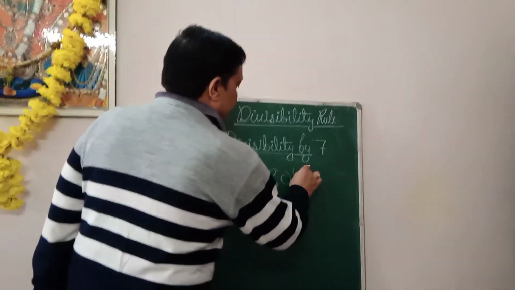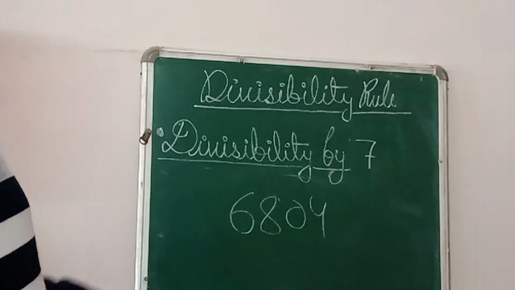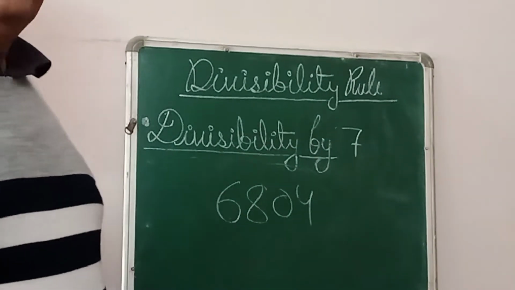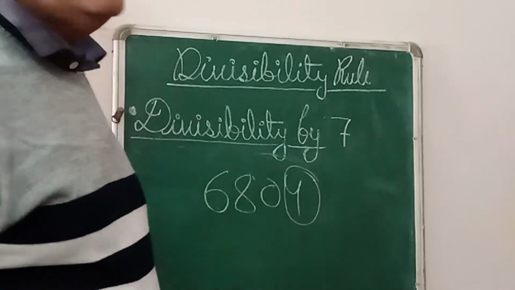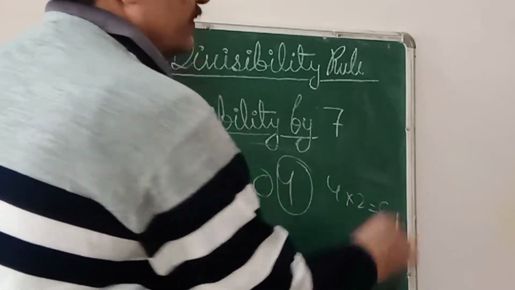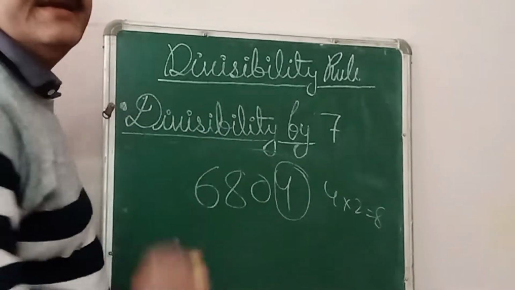Let us take a number. This is 6804. Now, the unit place, we are doubling the unit place number. So, 4 into 2 is equal to 8. Now, the rest of the number is 680.